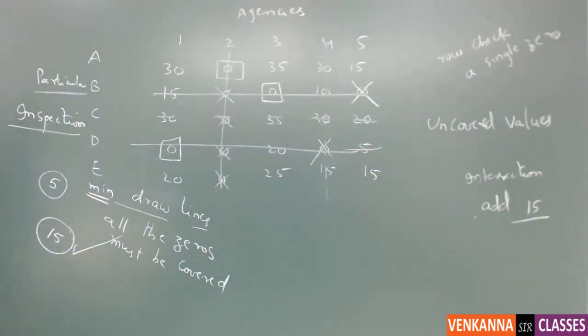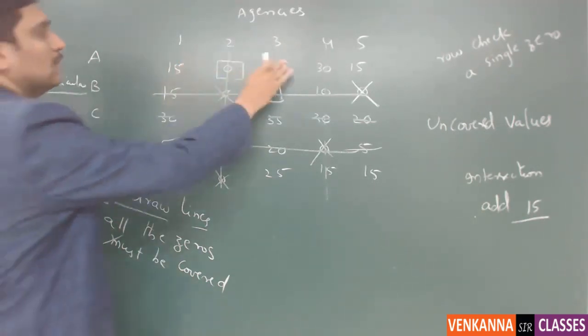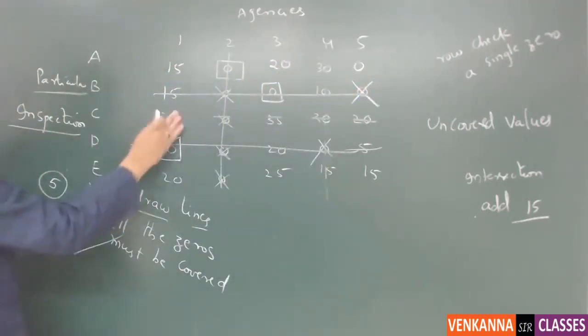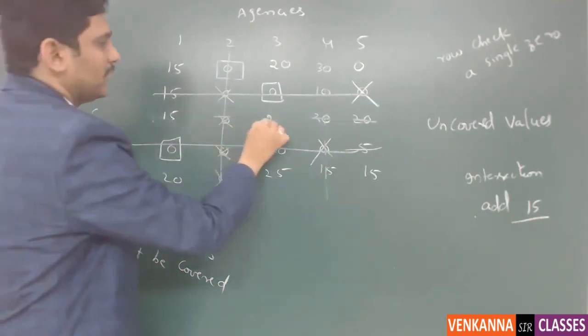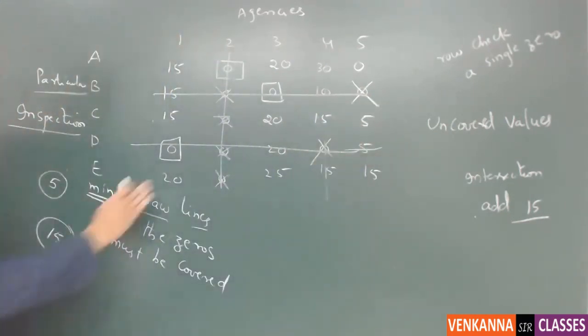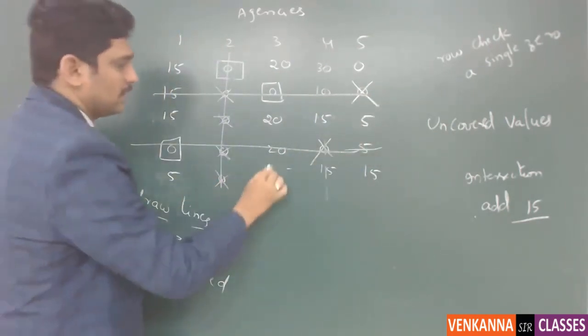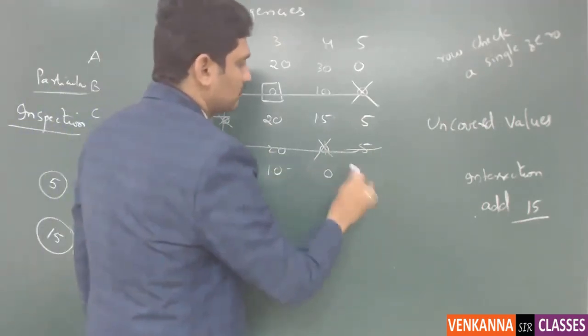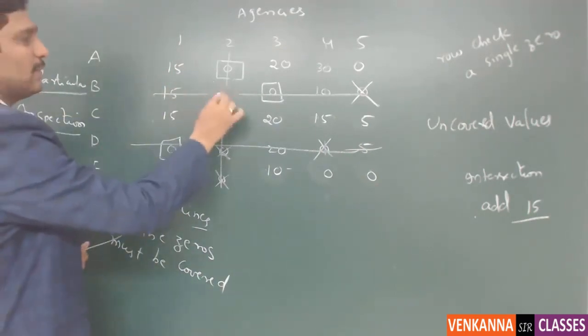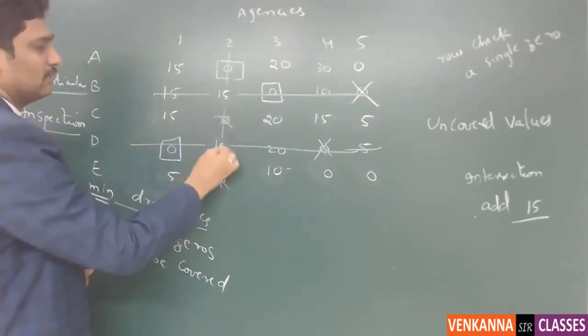Are you getting the concept? What I have given? So if you subtract the values, it will become 15, 20, 0, then here 15, 20, 15, 5, it becomes 5, 10, 0, 0. At the intersection places you are adding them, so it will become 15 and it will become 15.